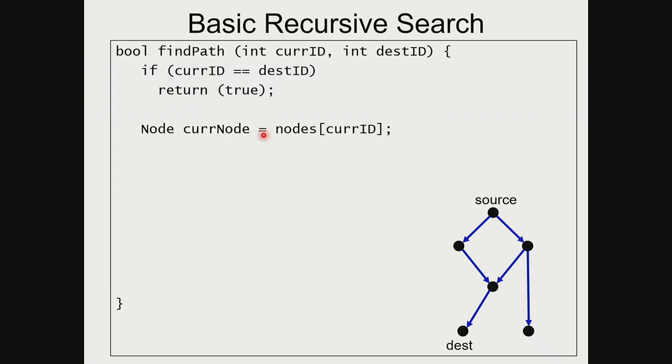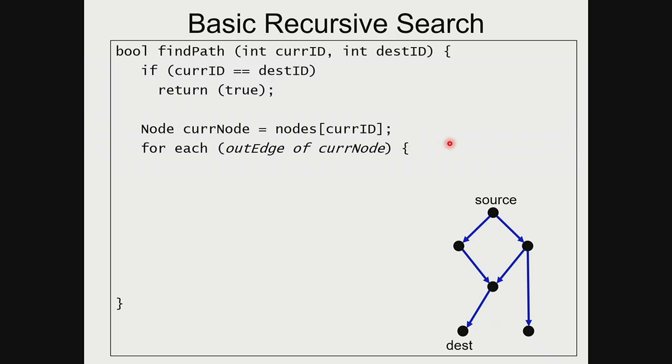If not, we recursively go over all of the children or neighbors in the graph in order to find the path from there. So for each outgoing edge of the current node, we build the graph somehow with this struct node that is shown here, that basically stores all of the edges connected, all of the neighboring intersections connected to that node.